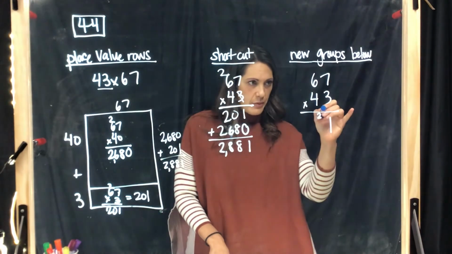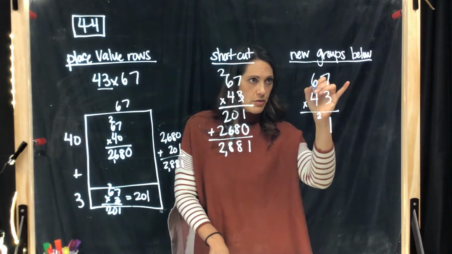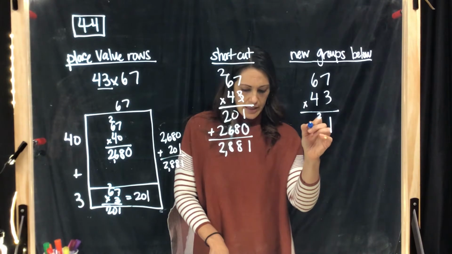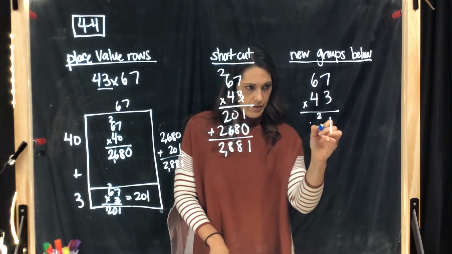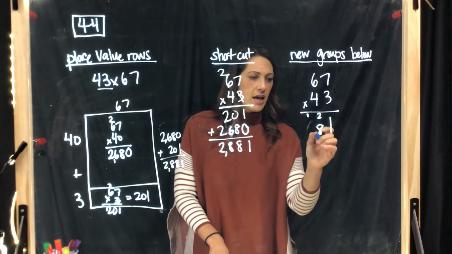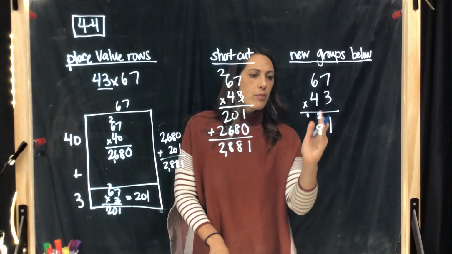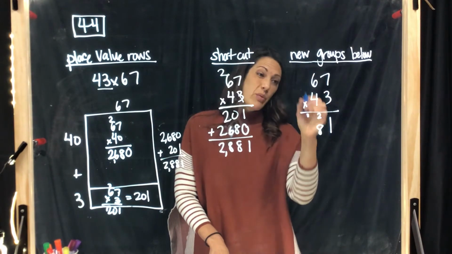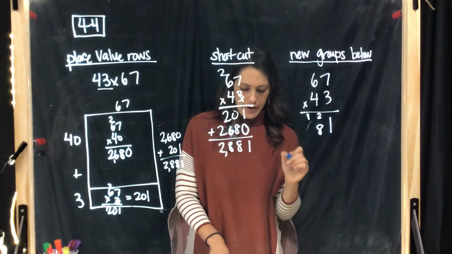And then I would continue. 3 times 6 is 18, and I would put my 18 right here and carry my 1, because only one number will go in each row. Instead of putting the 1 up there, I'm going to put the 1 up here.